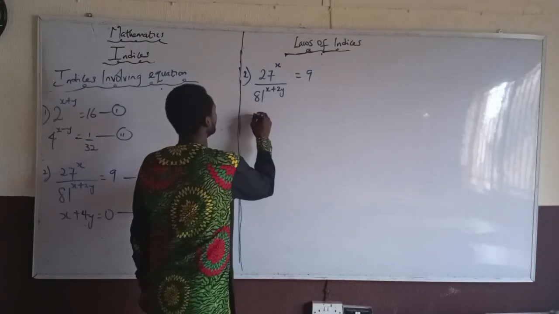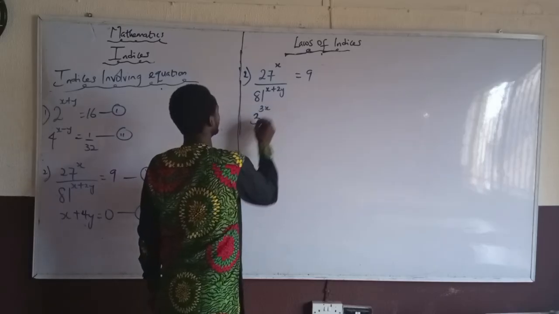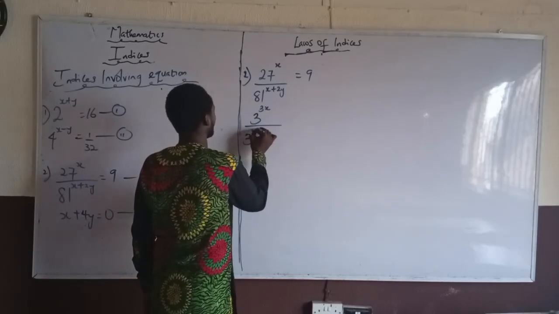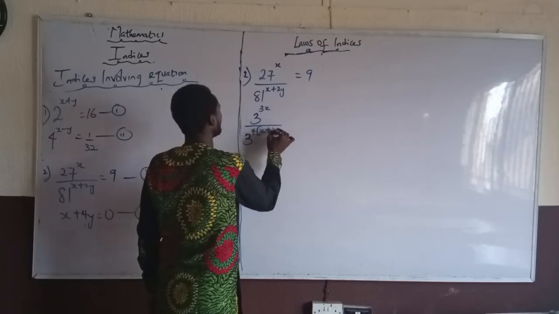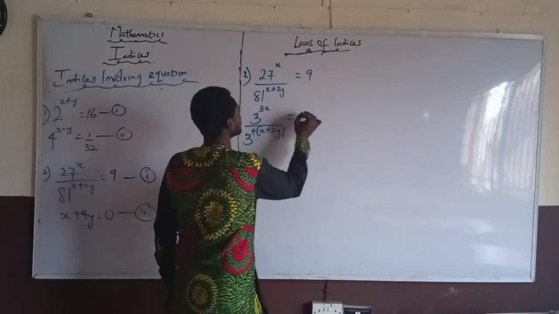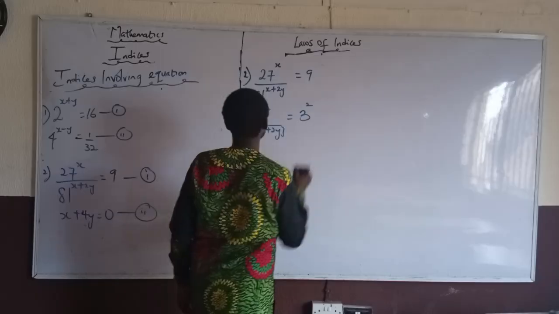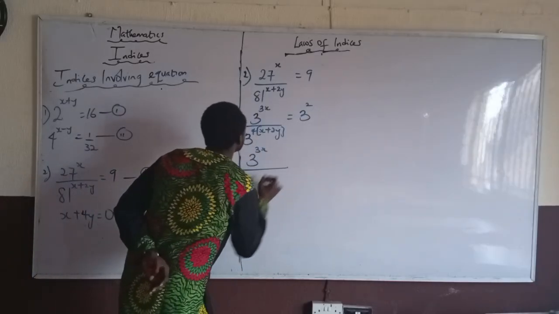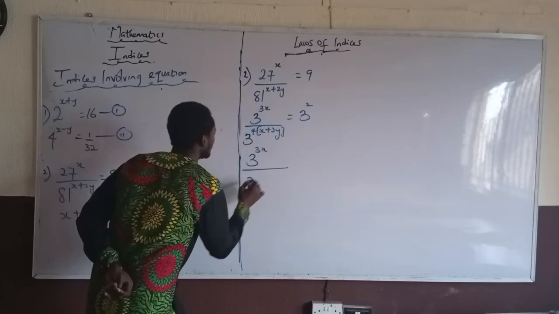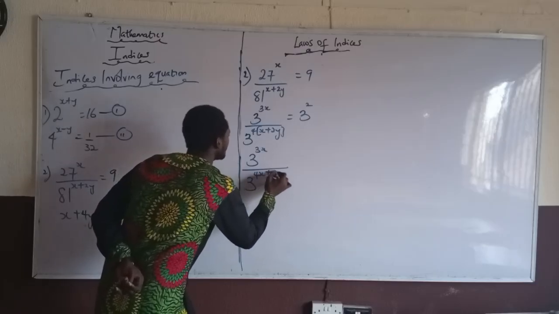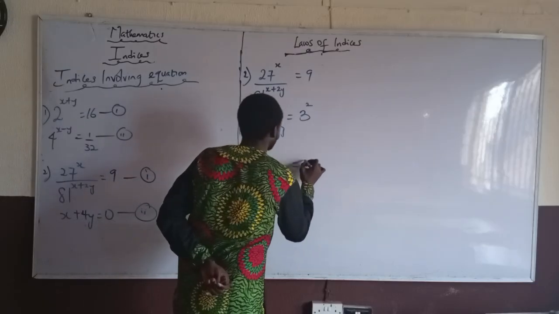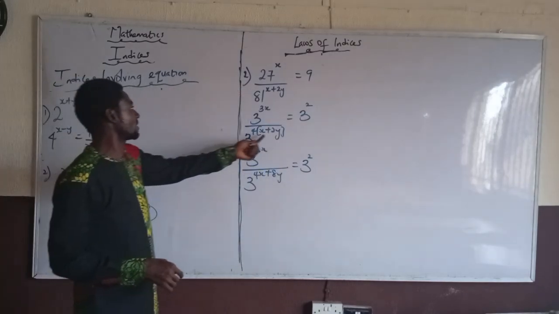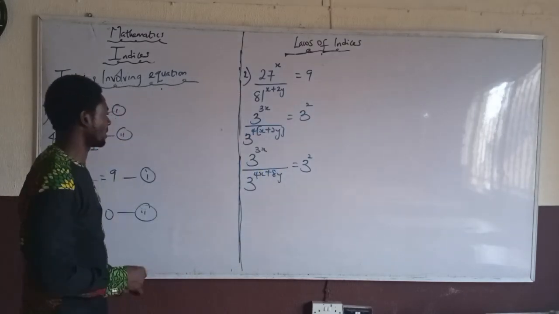So here becomes 3 raised to power 3x divided by 3 raised to power 4, x plus 2y, is equals to 9, which is 3 raised to power 2. So here becomes 3 raised to power 3x divided by 3 raised to power 4x plus 8y equals to 3 raised to power 2. That will be 4x plus 8y.